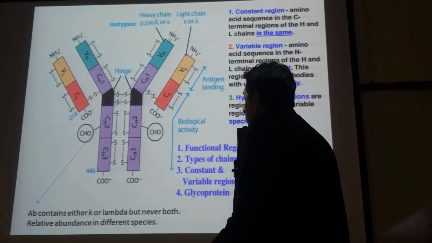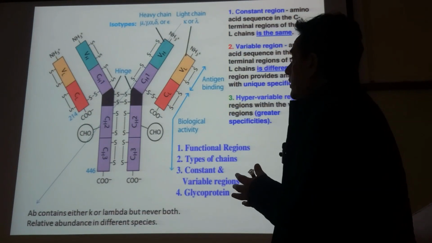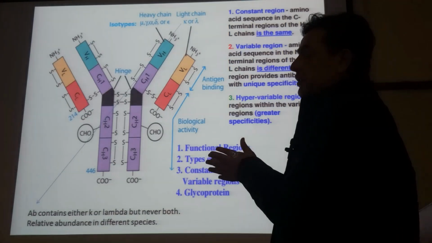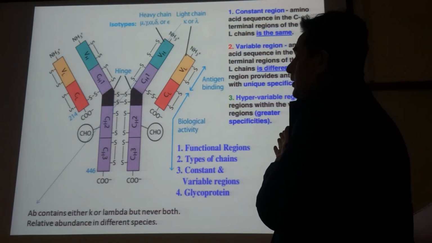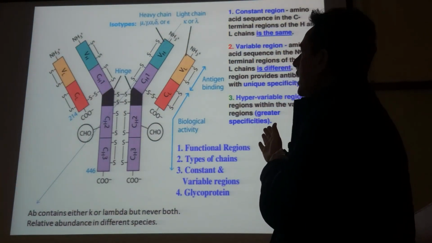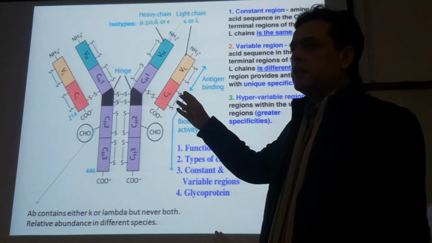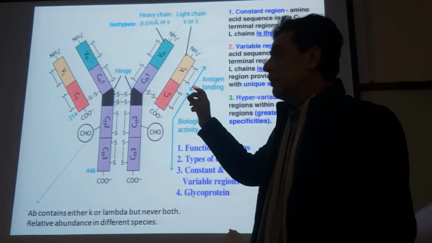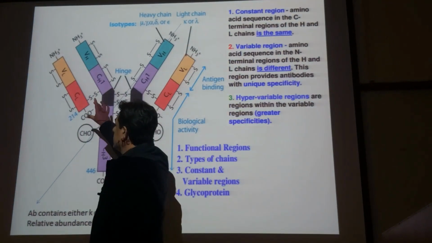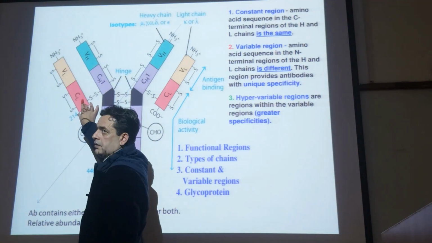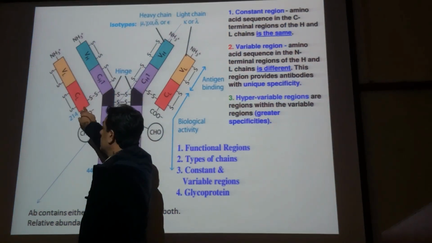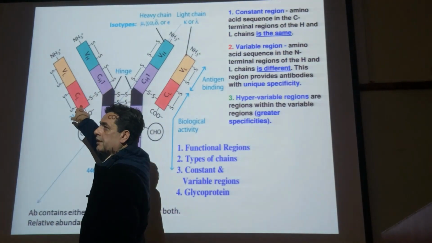Now, the variable light chains and constant light chains. You can see that there is a single variable light chain segment followed by a constant light chain segment. In this light chain, you see VL and CL.